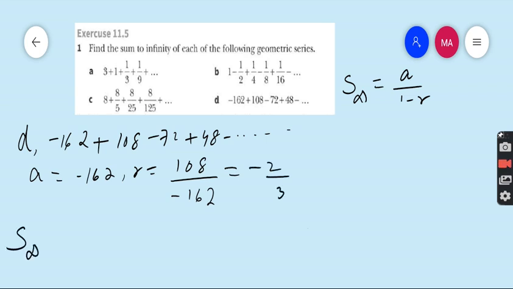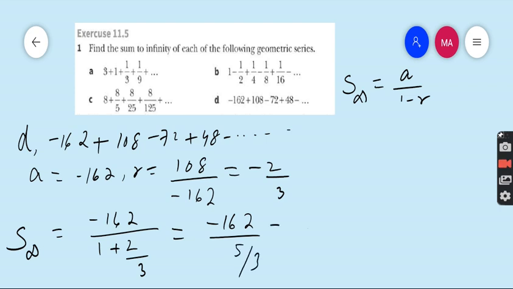Hence the sum to infinity is a, minus 162, upon 1 minus r. r is already negative, so minus minus is plus 2/3. So minus 162 upon 1 plus 2/3: 3 ones are 3, 3 plus 2 is 5, 5 upon 3.